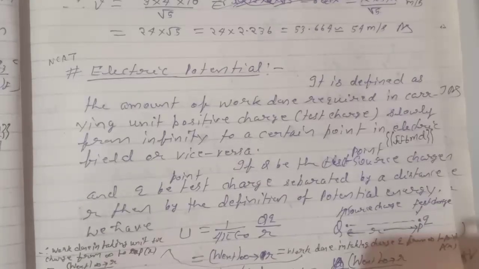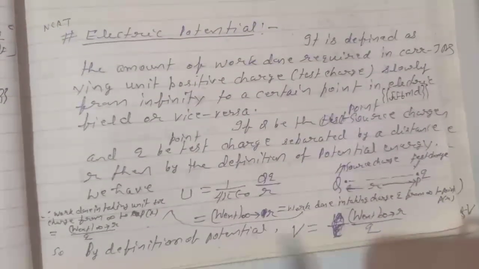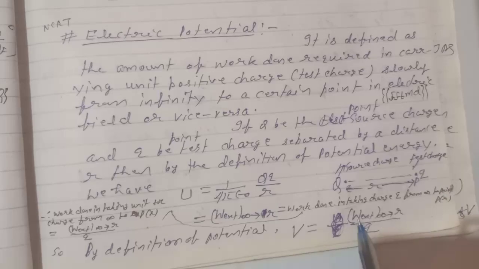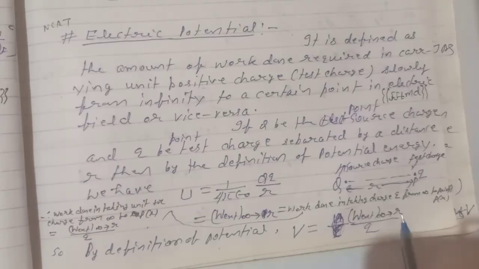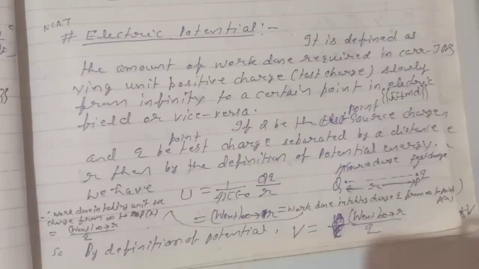So by definition, potential V equals the external work done, del W external, in bringing the charge from infinity to r, divided by q, where q is the test charge.